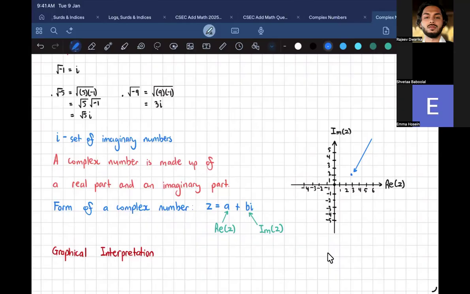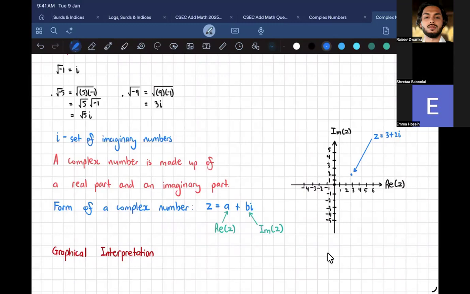But if you had to write it in the form, it will be 3 plus 2i. So z would be equal to 3 plus 2i. That would be represented by 3 plus 2i on the Argand diagram. We call this the Argand diagram, by the way.